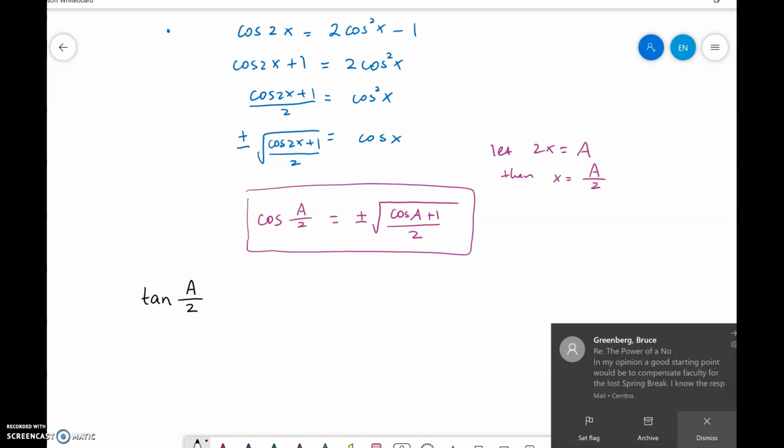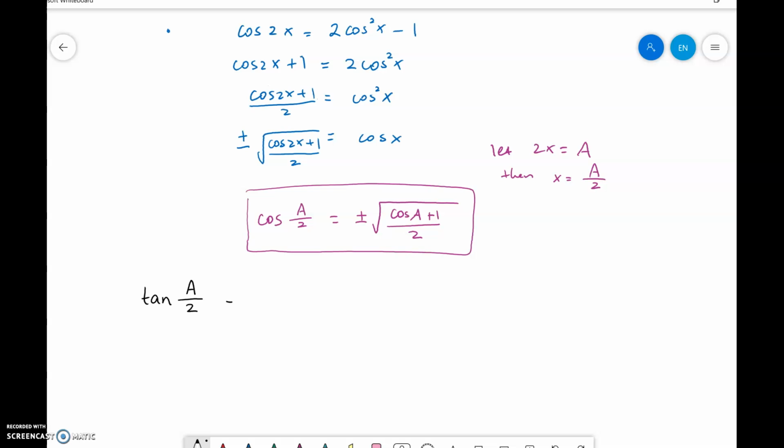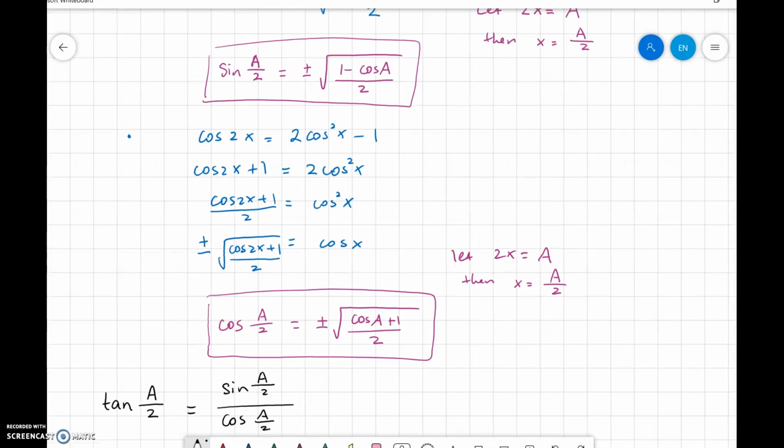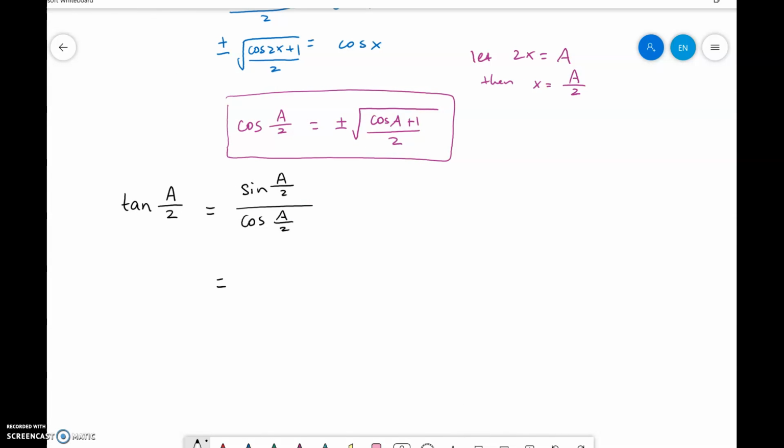Tangent of A over 2 equals sine of A over 2 divided by cosine of A over 2. From the previous ones, we know that sine of A over 2 is equal to positive or negative the square root of 1 minus cosine of A over 2, and the cosine version is equal to positive or negative the square root of 1 plus cosine of A over 2.